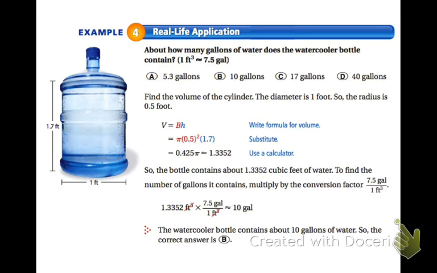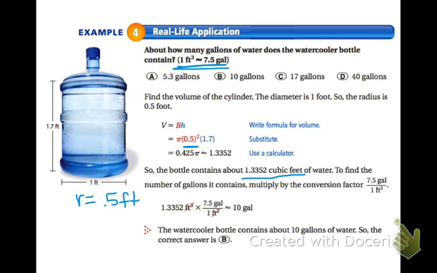So using the formula and calculating the volume in feet first, we know that if the diameter is 1 foot, the radius is half of a foot, right, or 0.5 feet. So that's the amount they used there. So they've calculated about 1.3352 cubic feet.